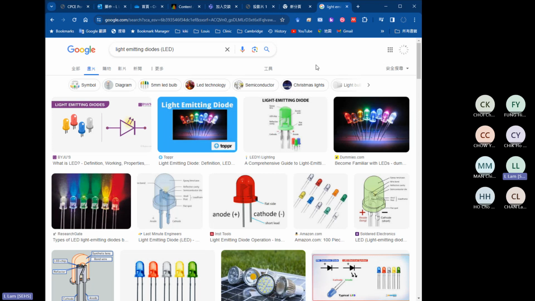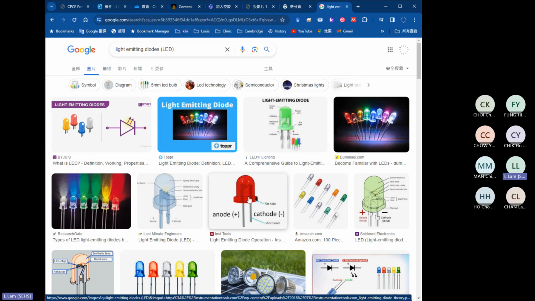Nowadays the LED is very advanced because it can generate quite a lot of colors depending on the instruction or signal that you give to the diode. A very typical diode structure is something like this. We have the anode and cathode, and as long as the diode is conducted with electricity, it generates the light source.